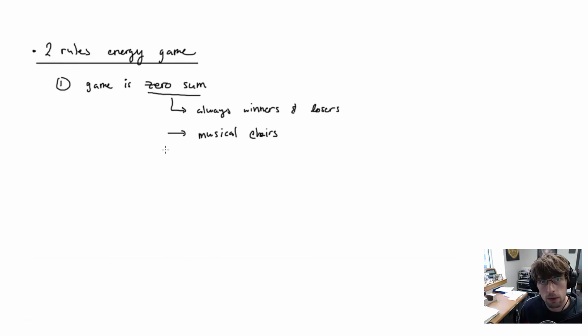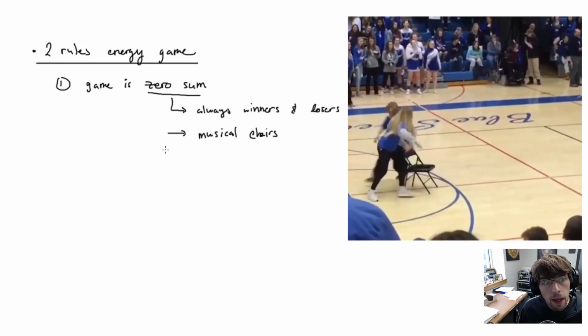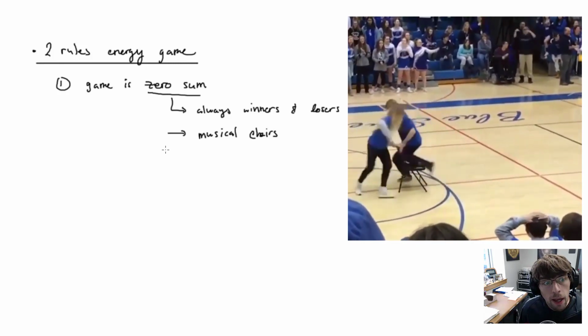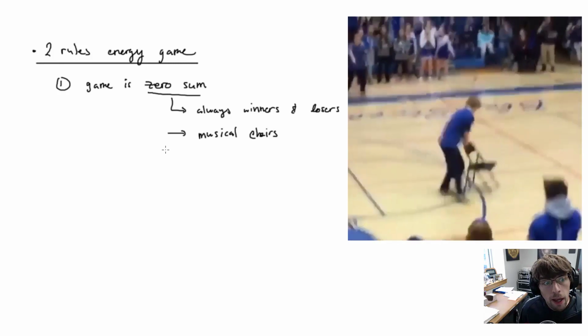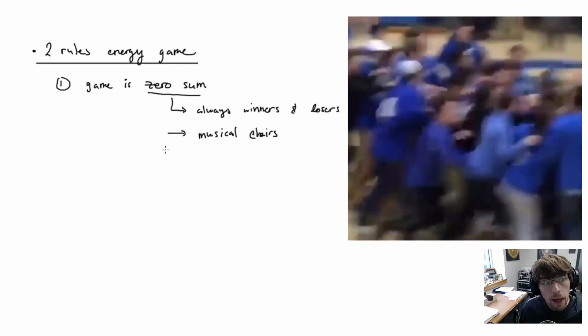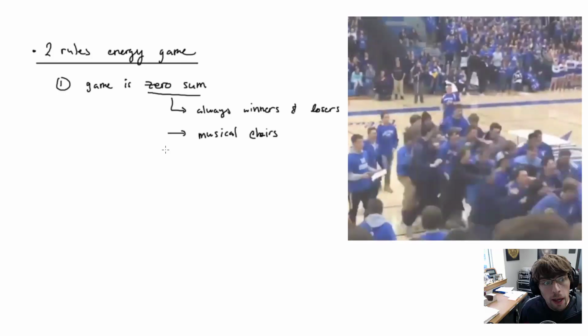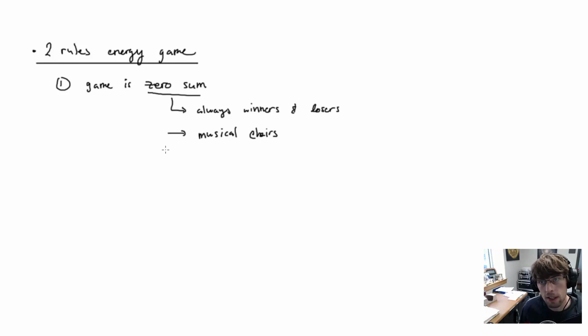There's winners and there's losers. The energy game is the same way. If an object has increased in energy, somewhere else another object has lost energy, whether that be an object in the system or another object in the surroundings. But you always have, if one gains energy, it has to have been lost somewhere else. So that's the number one rule.